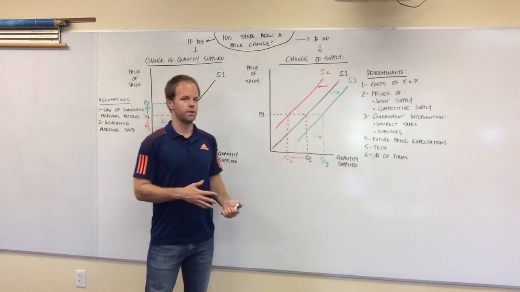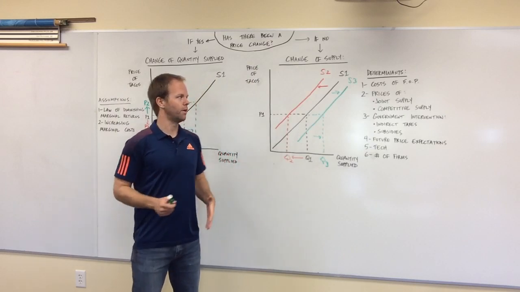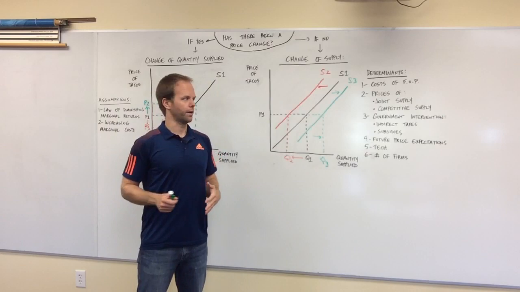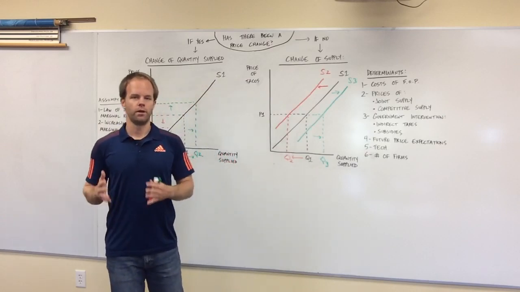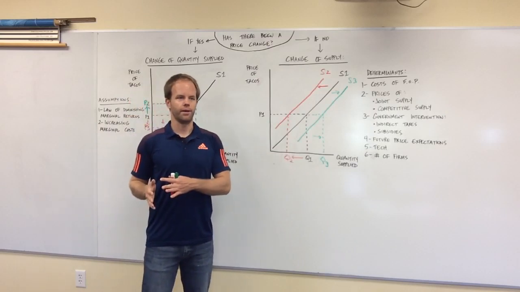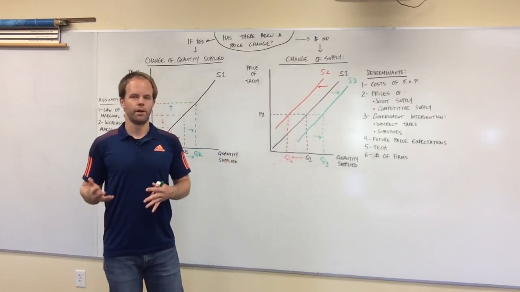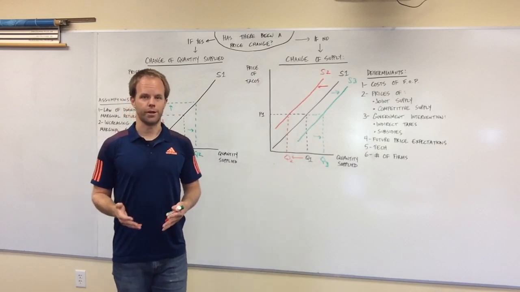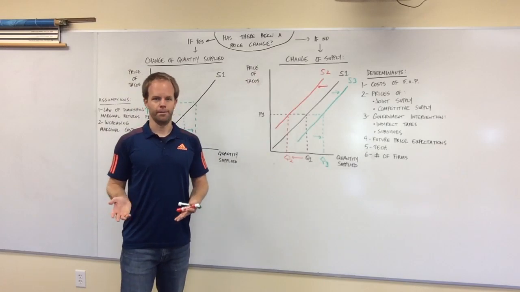Joint supply is another determinant, along with competitive supply. We're going to call those things related products. Right? So joint supply simply means when two goods or two services have reasonably similar inputs or factors of production to the point where they can be made at the same time.